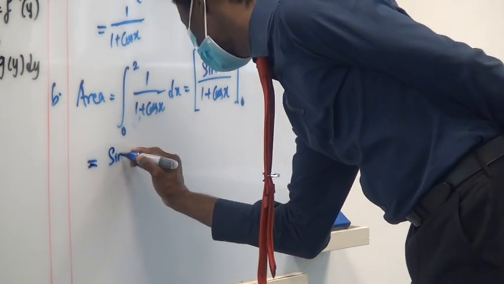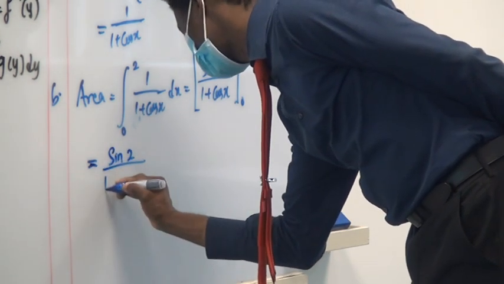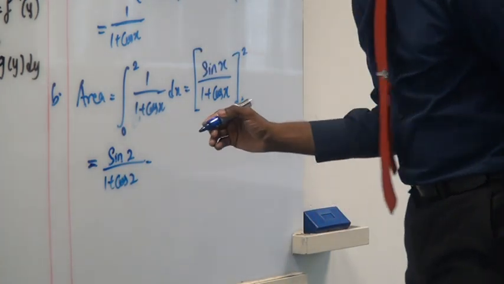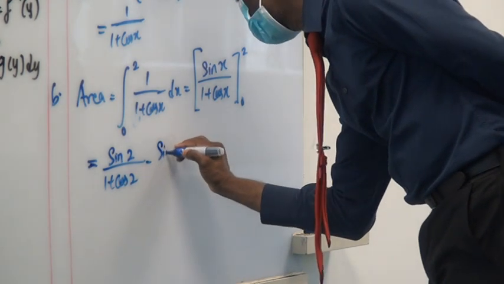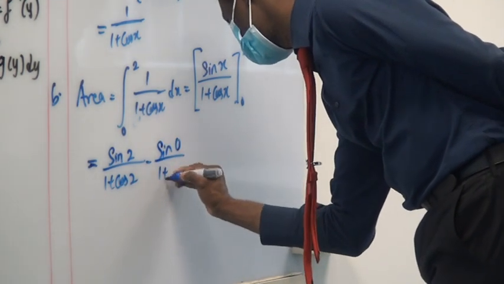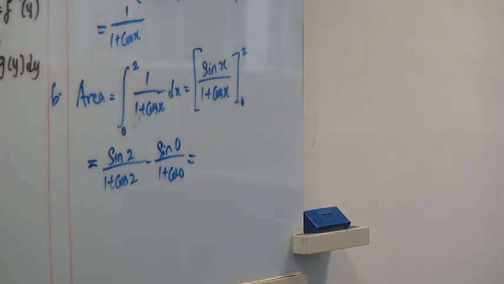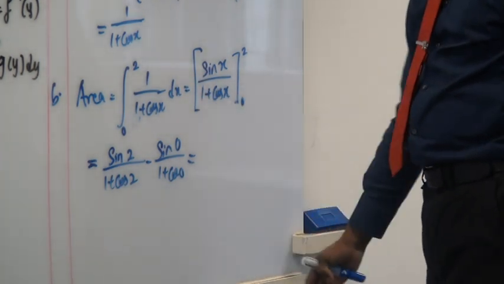So that will be sine 2 over 1 plus cos 2 minus sine 0 over 1 plus cos 0. Make sure you're in radian measure. So whatever this is, it's your result. You substitute and tell us what the final answer is. This is 0, clearly, because sine 0 is 0.